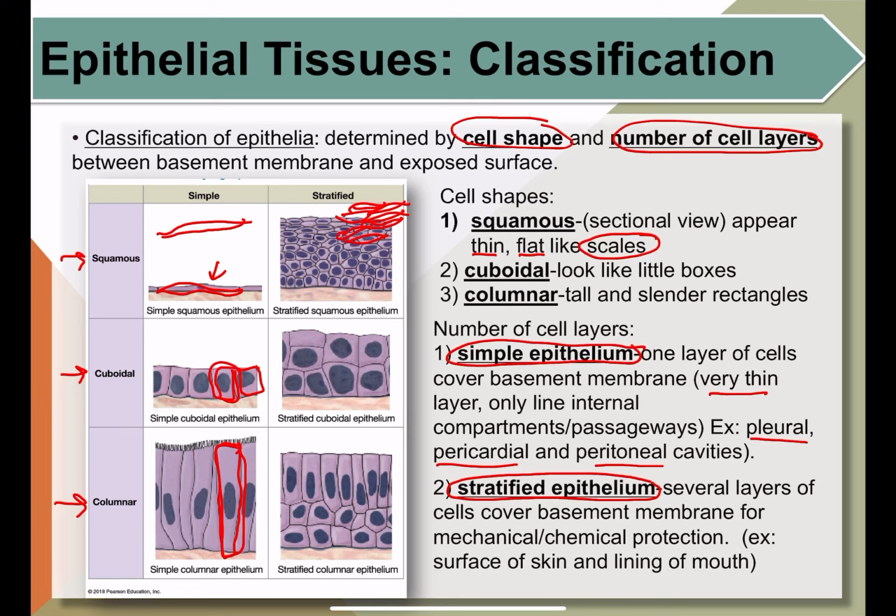Stratified epithelium, on the other hand, can be made up of several cell layers, so it usually functions as mechanical or chemical protection of some sort for the cells. For example, the surface of our skin.